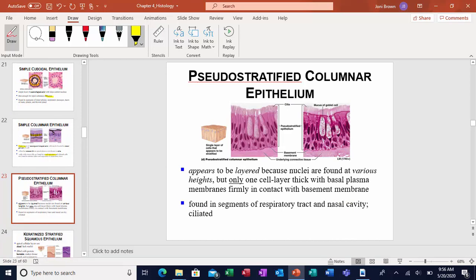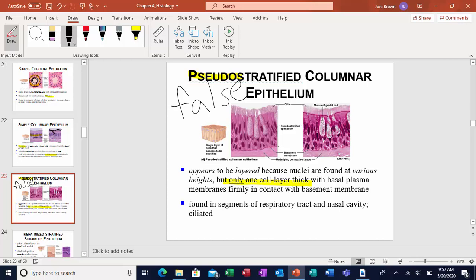Pseudostratified columnar epithelium. Pseudo means false or fake. So it looks like it's layered, but it really is not. It is only one cell layer thick.